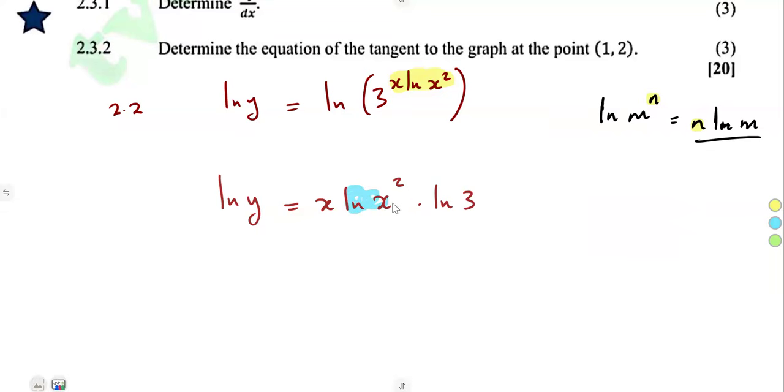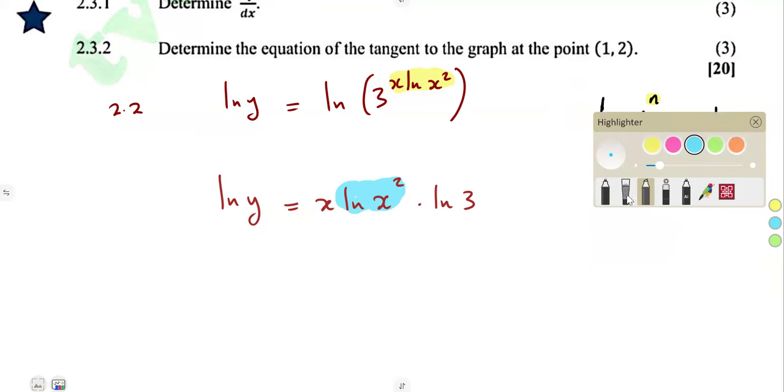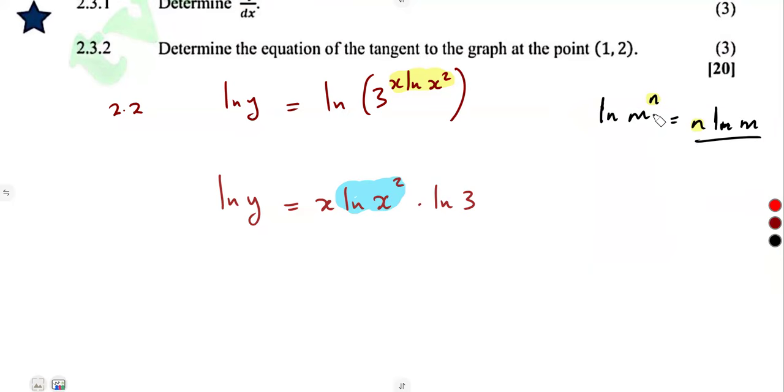We can also do the same application here. The ln of x squared, from this condition, we must drop what? We must drop the power, just like here. So meaning to say the ln of y is equal to x times, drop the power there. So it's 2 ln x times the ln of 3. All right, this is what we have.